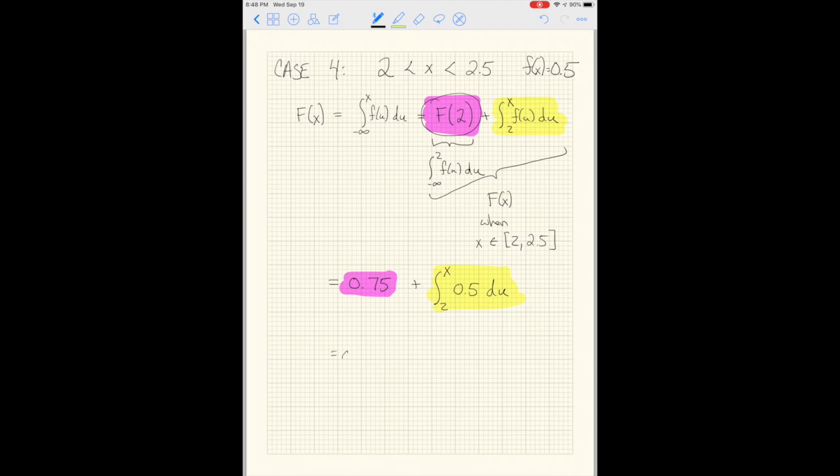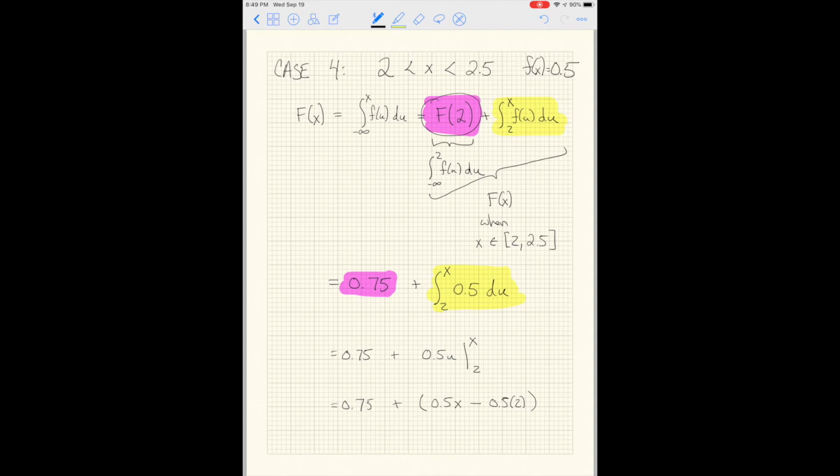And so that is going to be equal to 0.75 plus, and then this will be 0.5 u integrated from 2 to x, which is just equal to 0.75 plus 0.5 x minus 0.5 times 2.